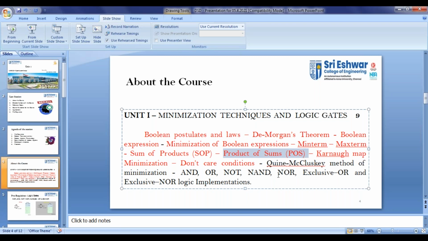Today we are going to see the topics AND, OR, NOT, NAND, NOR, exclusive OR, exclusive NOR logic implementations.